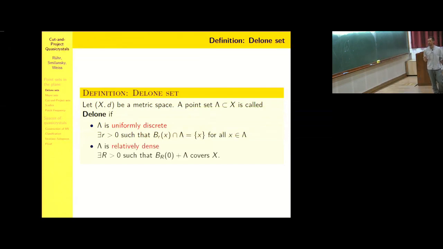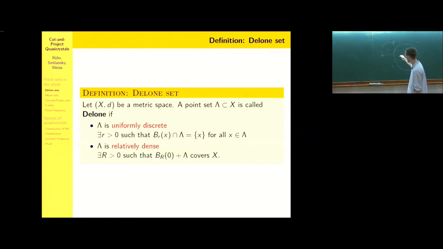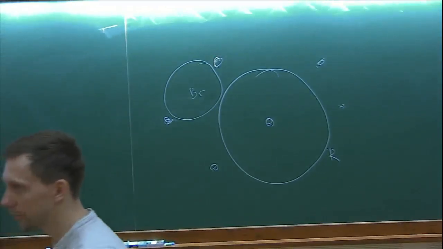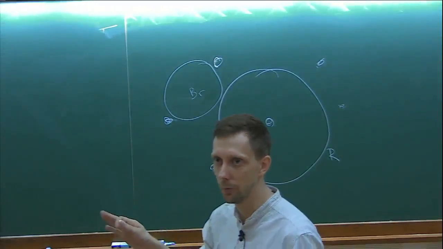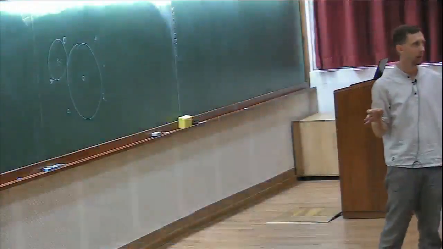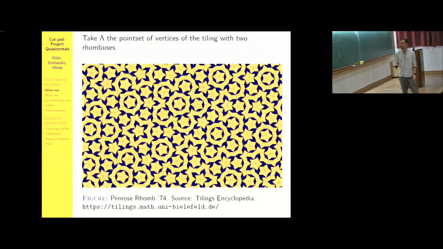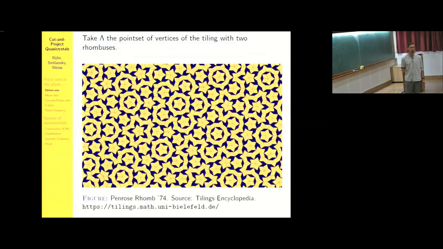The second property is that the set should be relatively dense, which means that if we choose a bigger ball of radius big R, then these balls will cover the whole metric space. These things are clearly related to packing radius and covering radius. One particular point set is the points of the Penrose rhombus tiling.